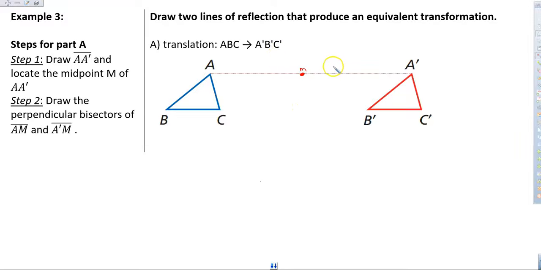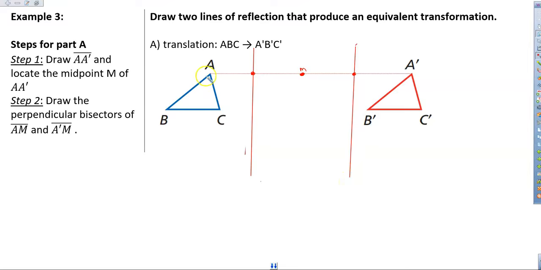Okay? Then I want to eyeball the midpoint of the segment over here and the midpoint of the segment on this side. So I'm essentially cutting A to A prime into 4 equal pieces. And then our lines are going to be perpendicular through these midpoints, the outer midpoints.